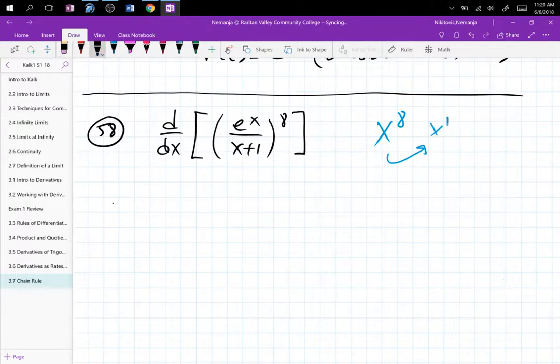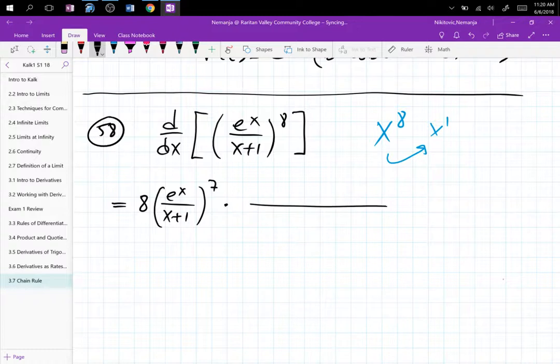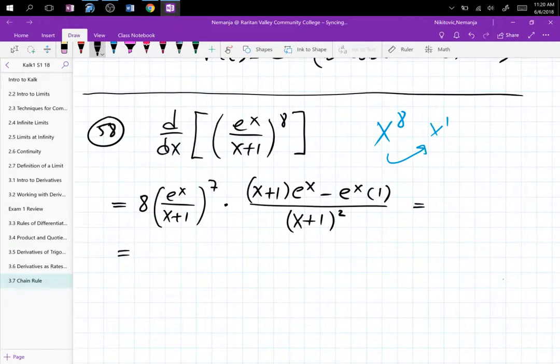So I have 8 times (e to the x over x plus 1) to the 7th, times the quotient rule, which is (x plus 1 times the derivative of e to the x, which is e to the x, minus e to the x times 1) divided by (x plus 1) squared. And now we simplify this.